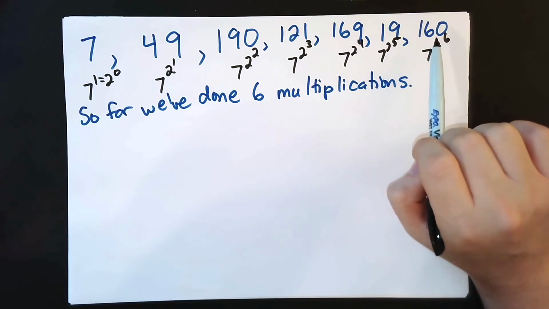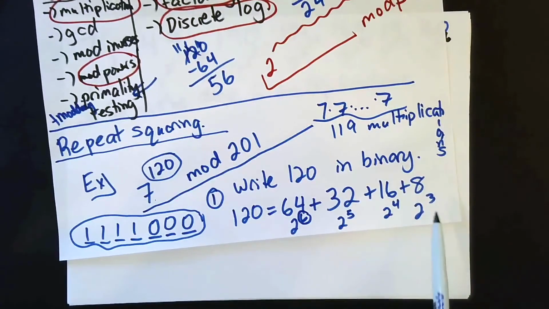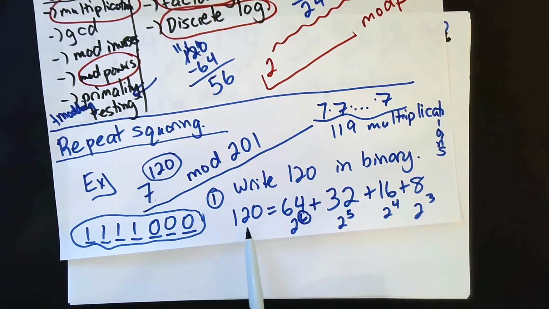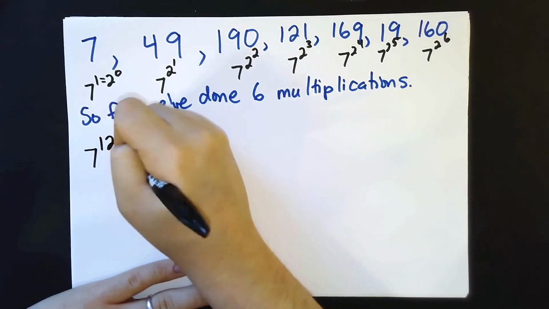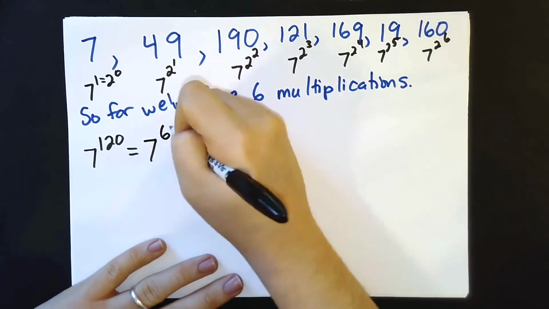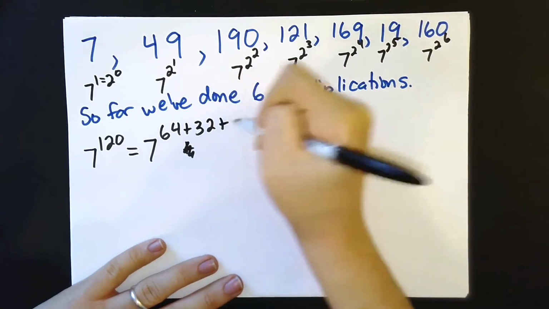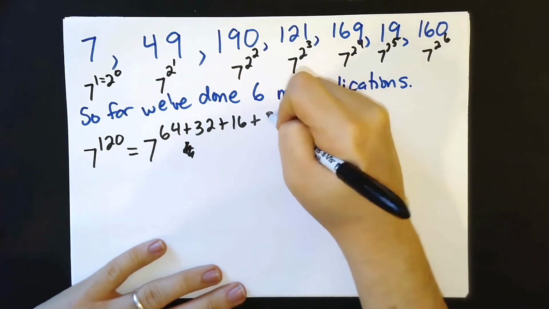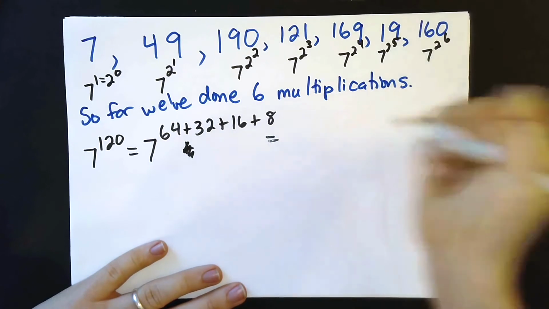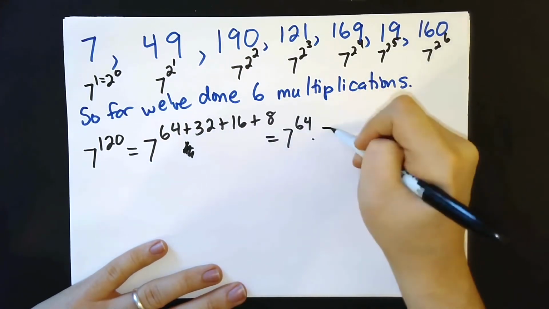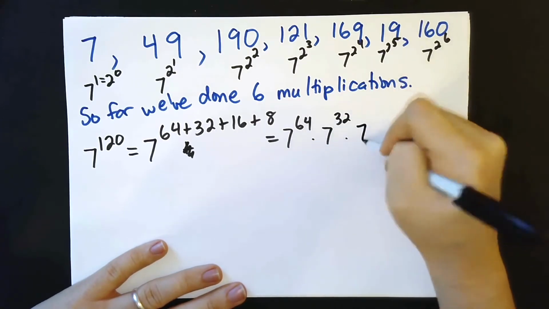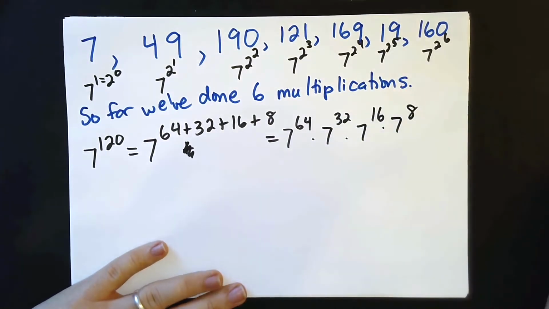And now the key thing is that I know how to use those numbers to make 120, so I'm going to know how to use those numbers to make 7 to the 120th. Namely, I'm going to do that as follows. 7 to the 120th is the same as 7 to the 64 plus 32 plus 16 plus 8. And by my properties of exponents, that's 7 to the 64th times 7 to the 32nd times 7 to the 16th times 7 to the 8th.